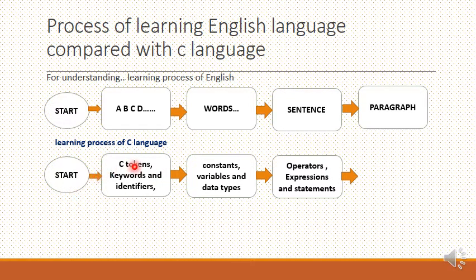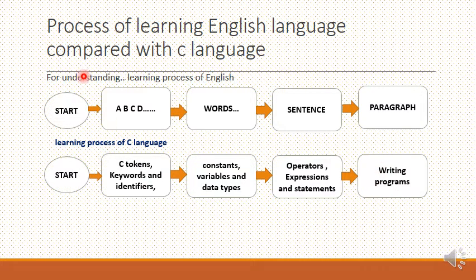First, we are going to learn the C tokens, keywords and identifiers. Next you come to constants, variables and data types. And next you come to operators, expressions and statements. After completing all these things, we come to writing the programs.